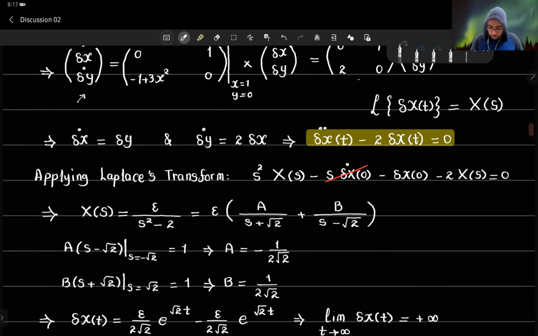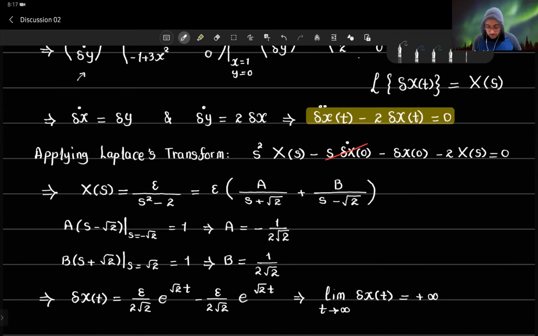Okay, so using the Laplace rules that we know, the Laplace transform of delta x double dot is going to be equal to s squared multiplying x, which is the Laplace transform of delta x, and minus s multiplying the initial condition for the velocity, which in this case is going to be equal to 0, minus the initial condition of delta x, which is in this case going to be equal to epsilon, and then we have minus 2 delta x, which will have the Laplace transform of minus 2x of s. All of this is equal to 0.